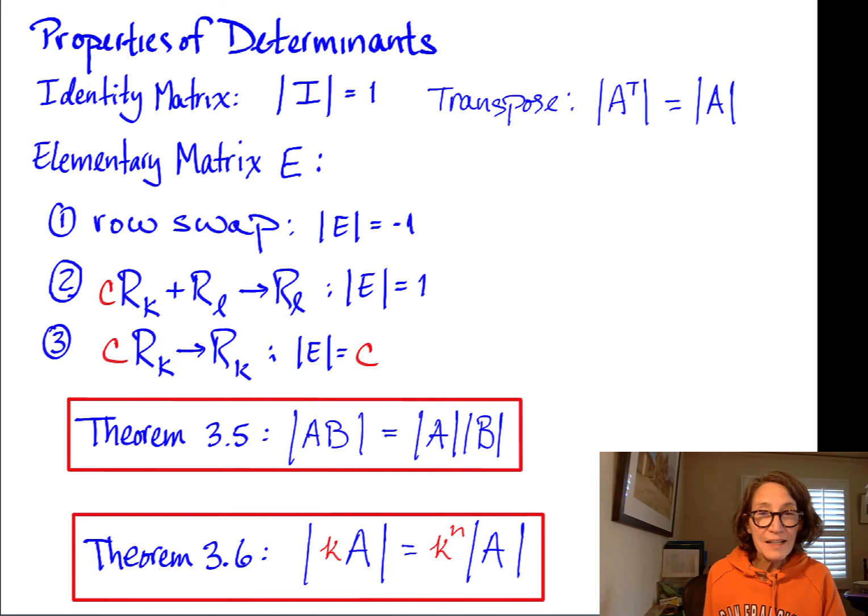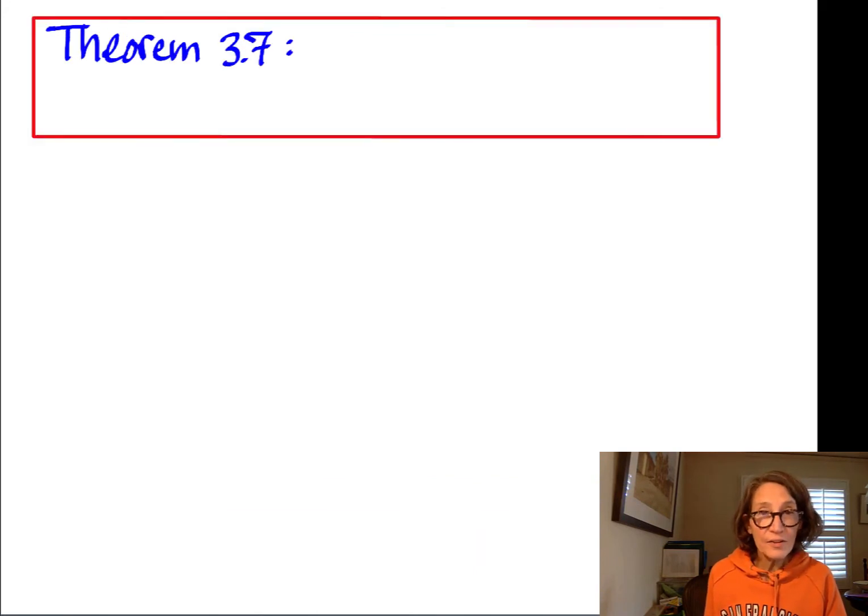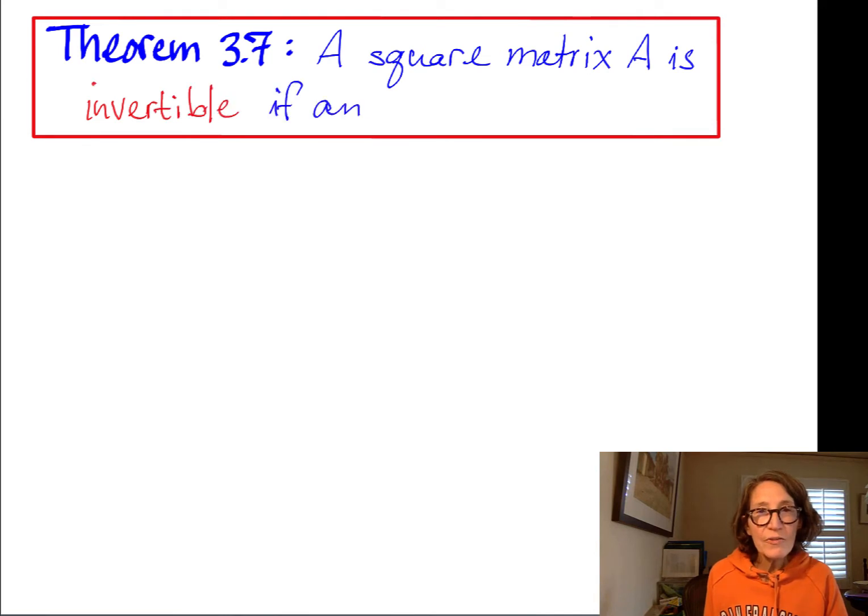All right, now our third major theorem is actually the biggest one, the most important one. A square matrix A is invertible if and only if its determinant is not 0. This is huge.